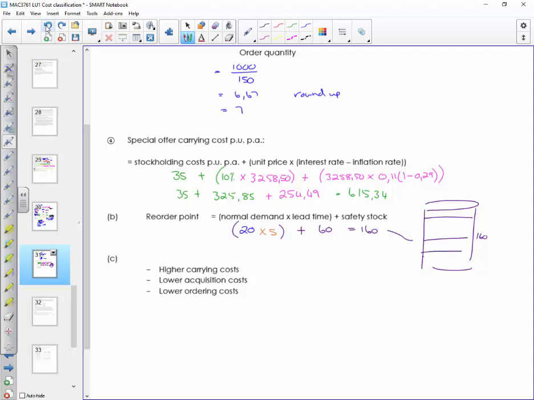Then the delivery will happen there. You got the idea? So then that would be my safety stock. Alright, and then C is theory. There your answer is. You can please have a look at that yourself.